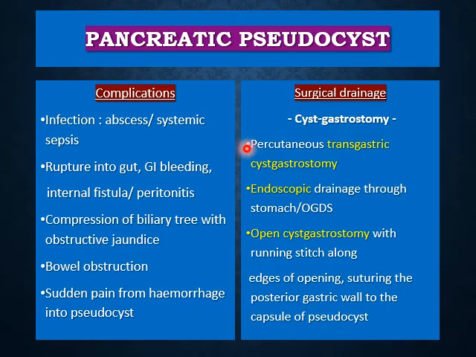This can be done percutaneously, known as the transgastric cystgastrostomy, which is a temporary measure. It can be done endoscopically through the stomach, through the OGDS, and it can also be done as open cystgastrostomy with a running stitch along the edges of the opening, suturing the posterior wall to the capsule of the pseudocyst.